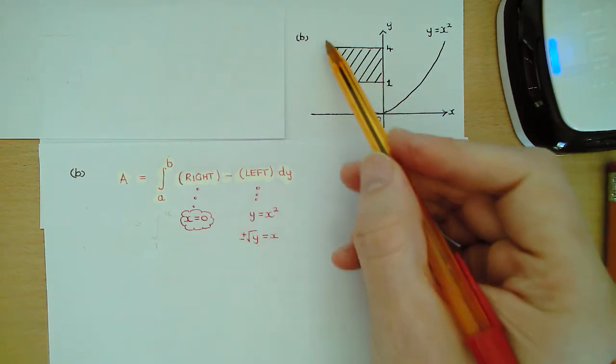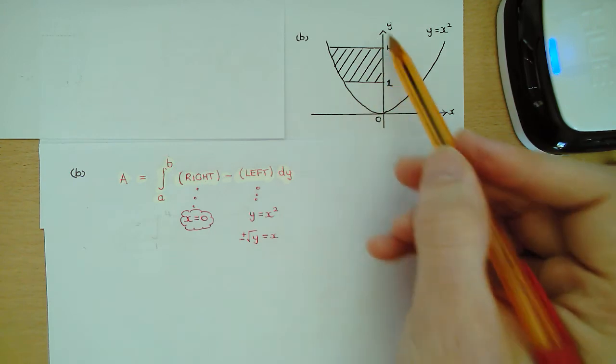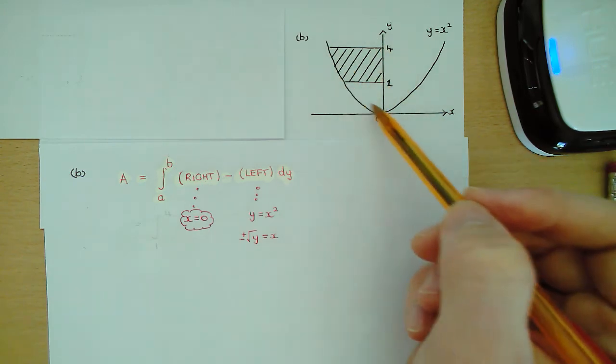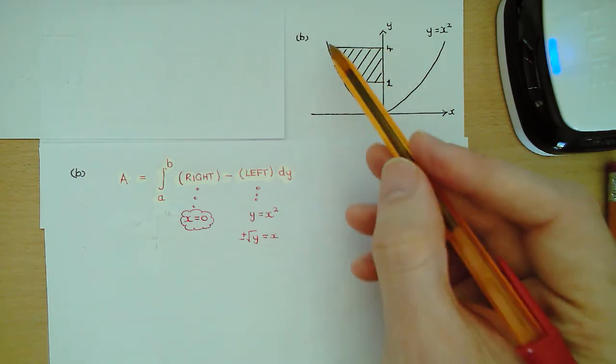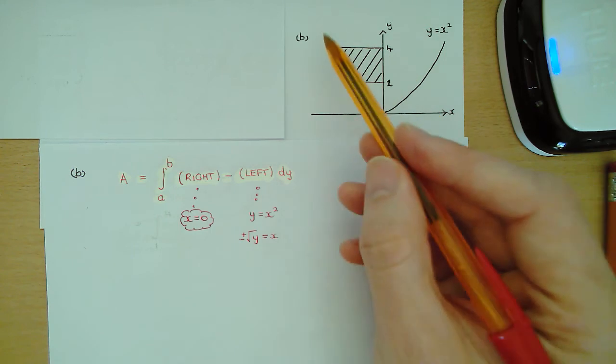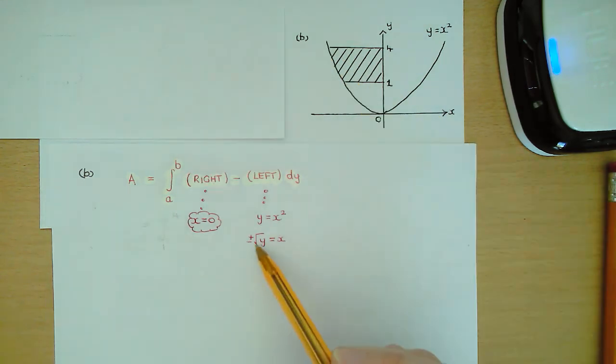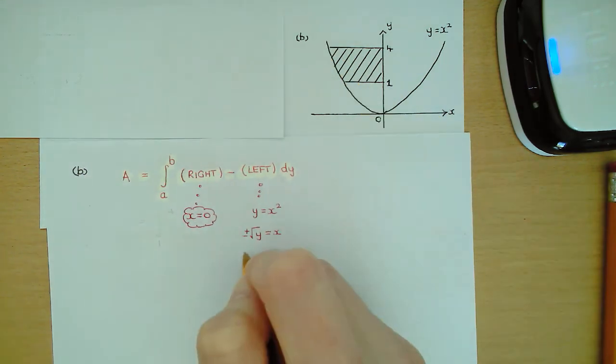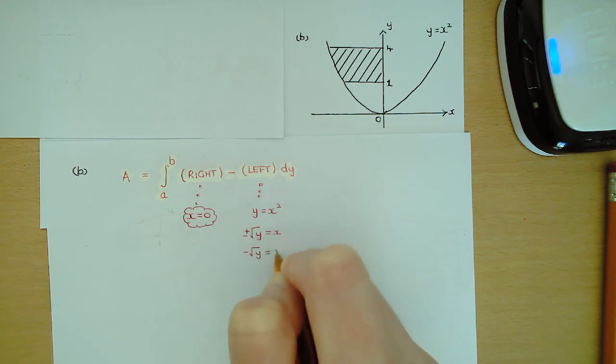Well, that depends where this curve is with respect to the y-axis. This curve here, that's to the left of the area, is to the left of the y-axis, so we use the negative version. So we're going to use negative root y equals x.